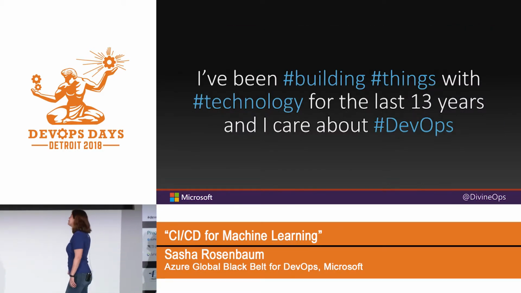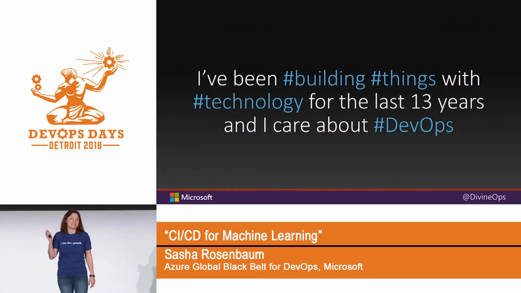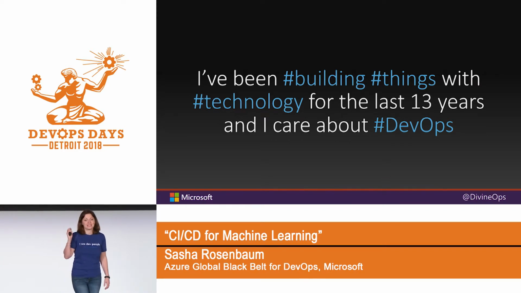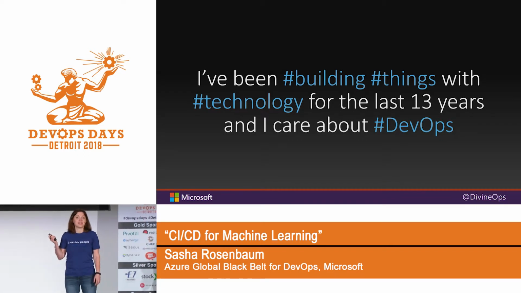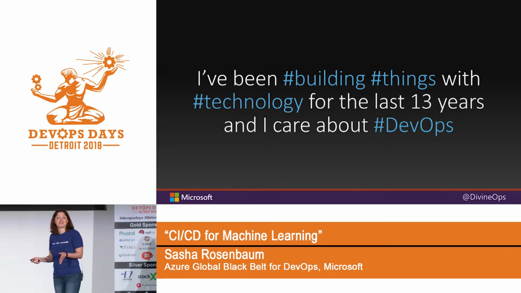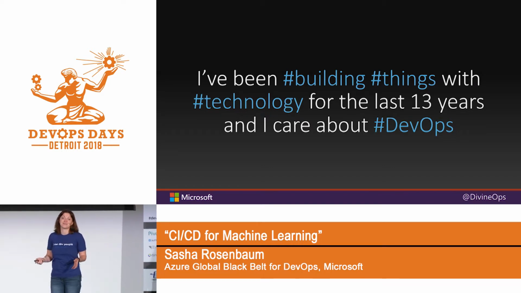But really, I don't have a data science degree. My background is computer science, and I've been a developer for many years. The reason I'm here is that I've been building things with technology for 13 years, and I really care about DevOps, right? When we approach new fields, we often forget the lessons that we learned before. We tend to do this over and over again, and we certainly did this with ML.